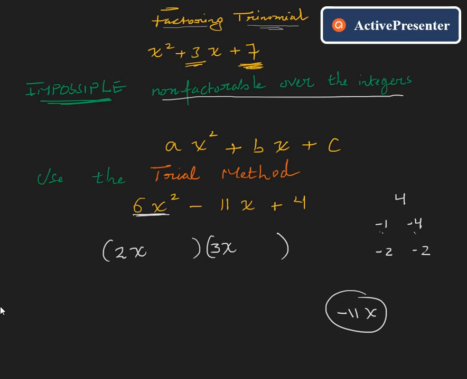This means we are not done. We have to check also with 2x and 3x using these numbers whether we will get the middle term equal to -11x or not.